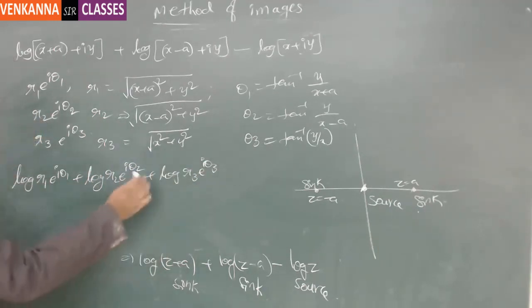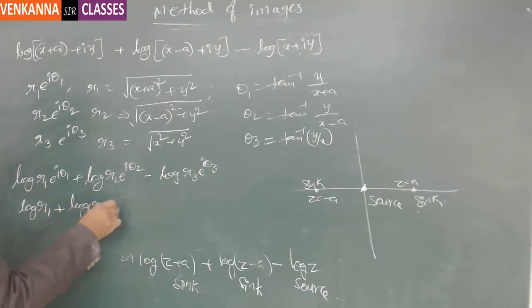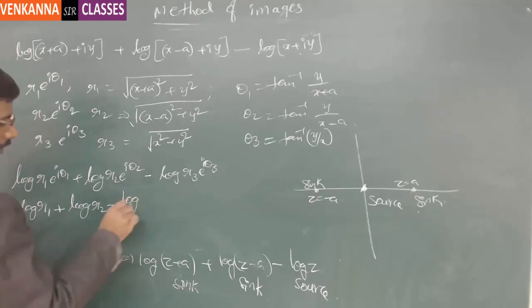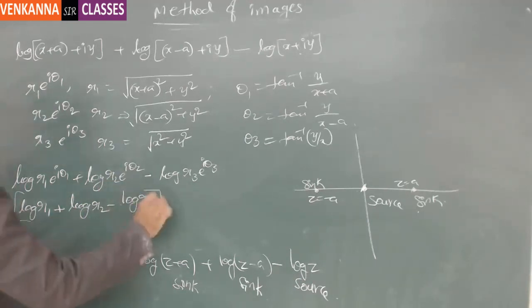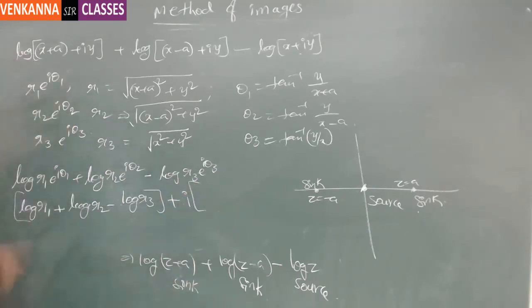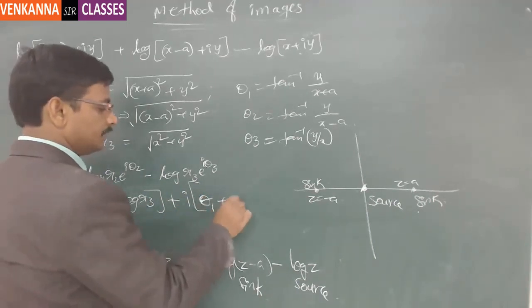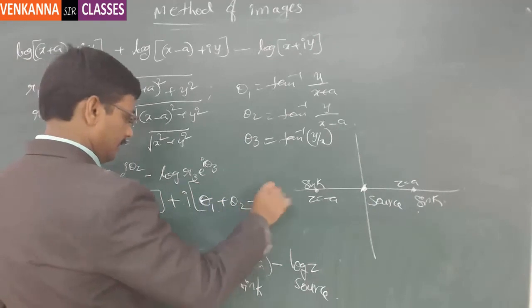Now minus, yeah. Now this is log r1 plus log r2 minus log r3, and this will be the real part. And then i times, so log e power i theta is nothing but theta 1 plus theta 2 minus theta 3.